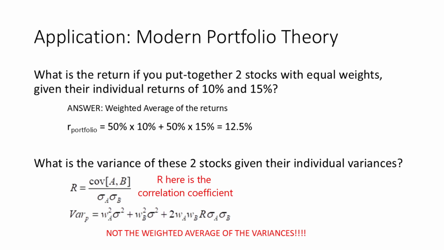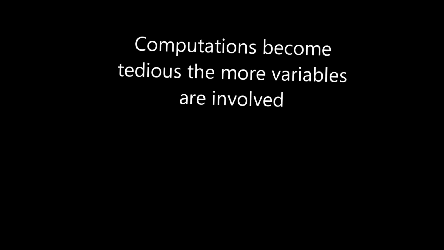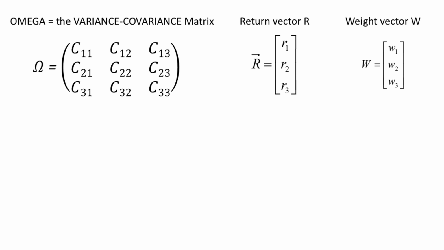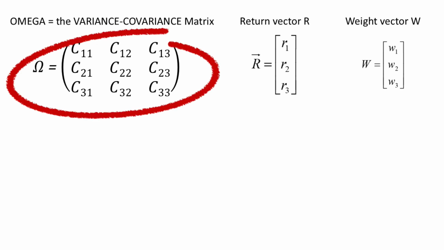However, as you can imagine, it's really quite cumbersome and tedious to be working with just 2 variables. Imagine if you have 3 variables, 5 variables, 10 variables. For these kinds of problems, really, it's best to work with matrices, which is the topic of today's lesson. Now, let's call omega the Variance-Covariance Matrix.